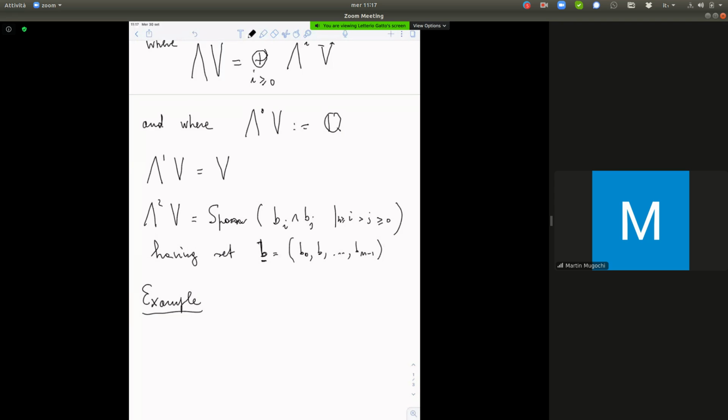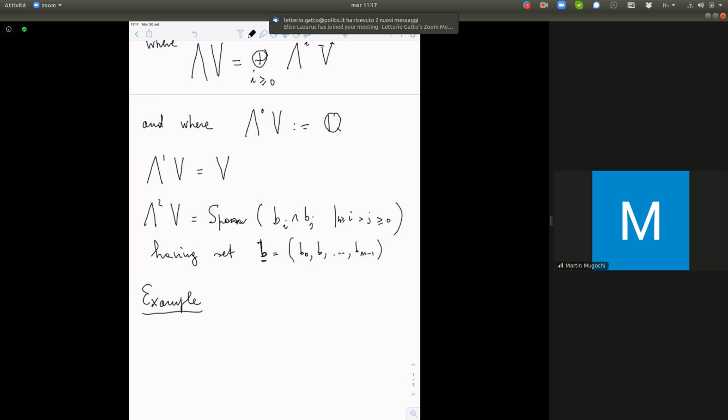I was just asking about the notation. I'm finding that notation a bit confusing, that wedge V, which is your exterior algebra, right? Yes. Is it not possible to use a different notation for that?